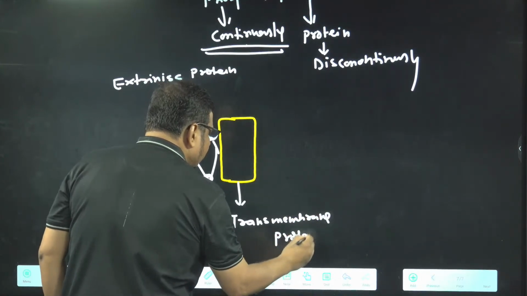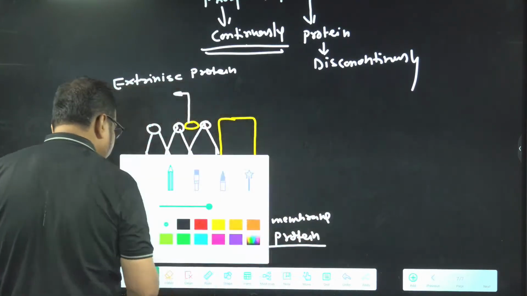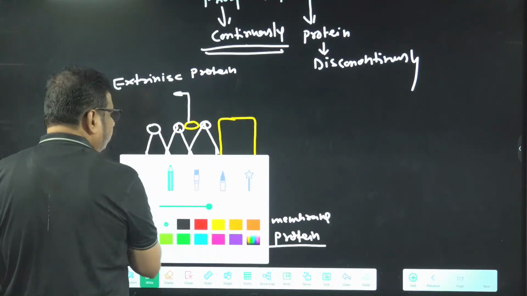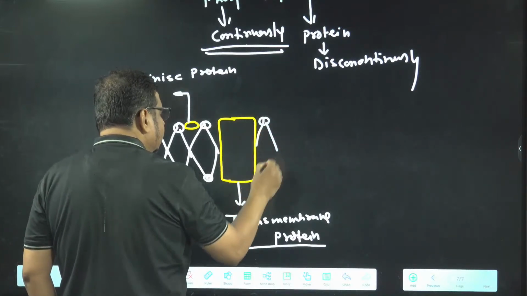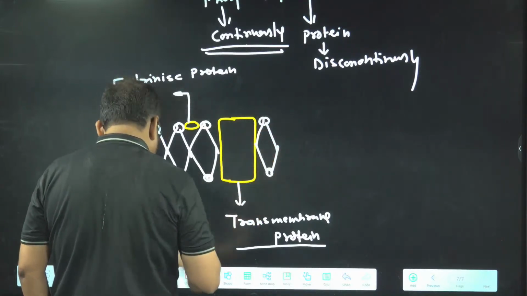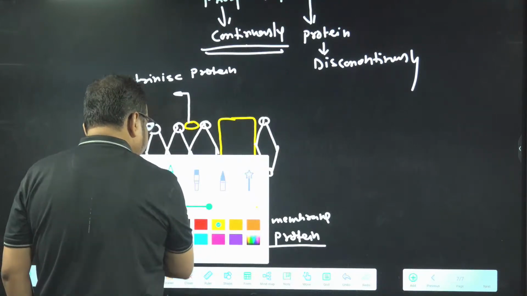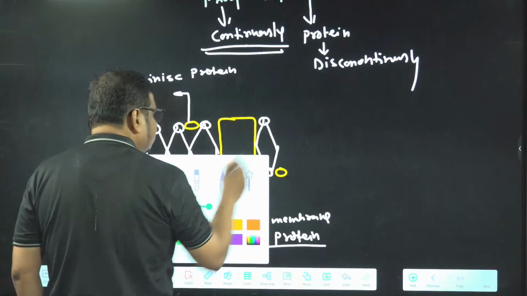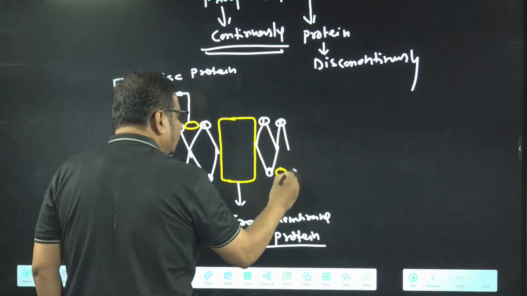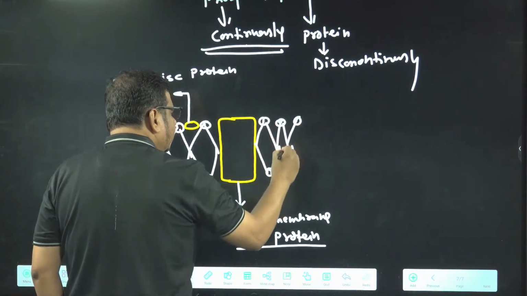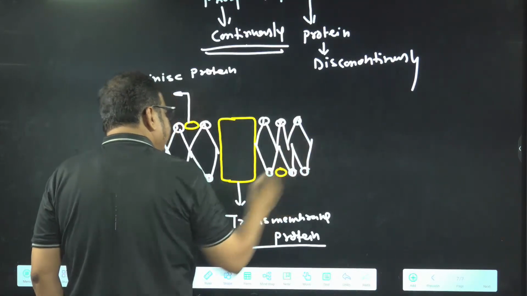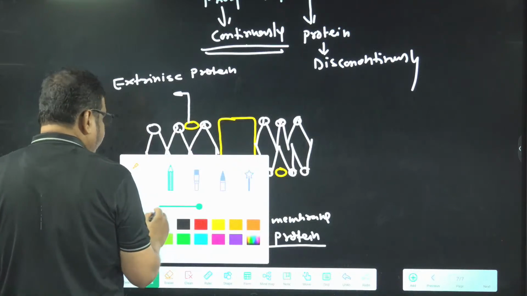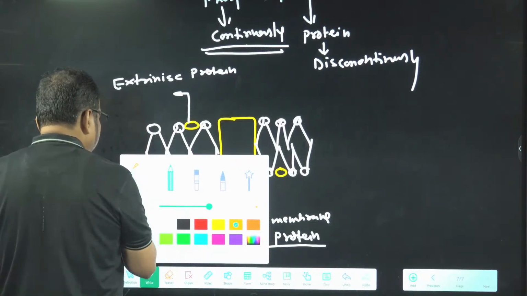A transmembrane protein is a type of intrinsic protein. Further, I make the phospholipid bilayer, and here and there proteins are embedded. This protein is also an extrinsic protein. Now I am drawing another protein.